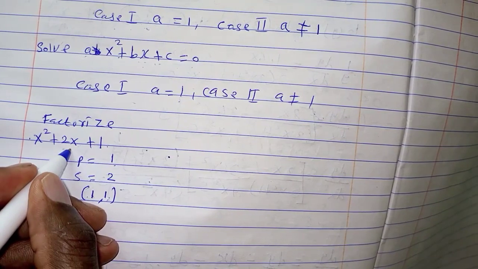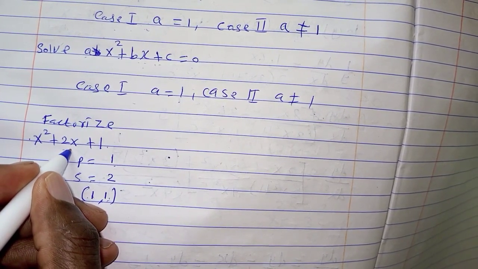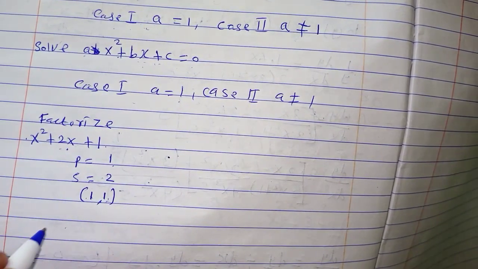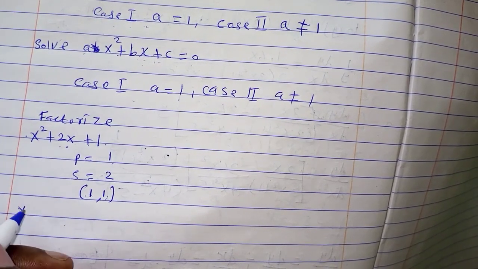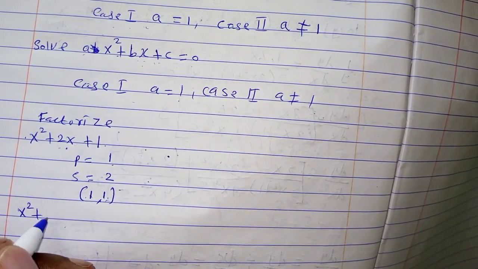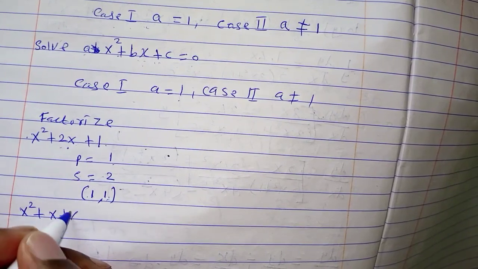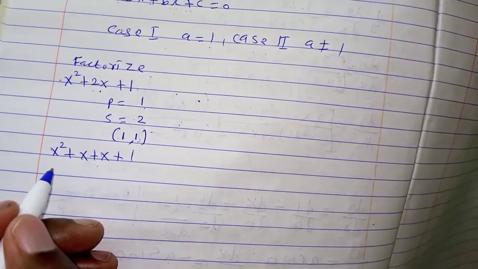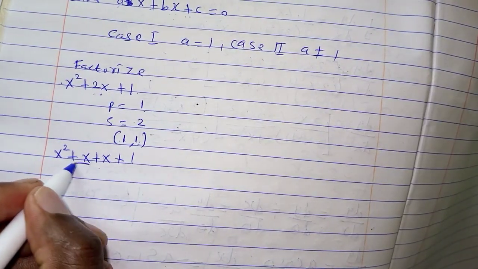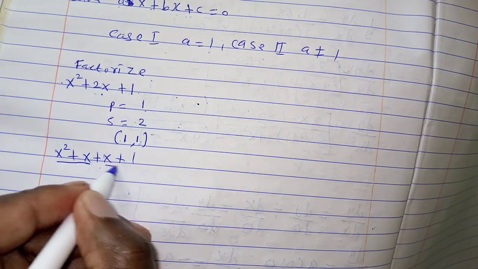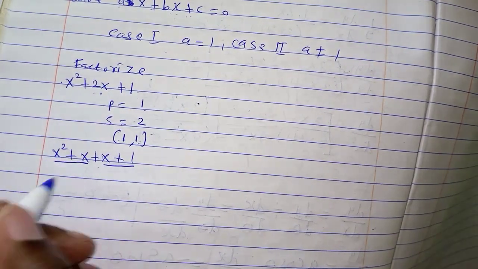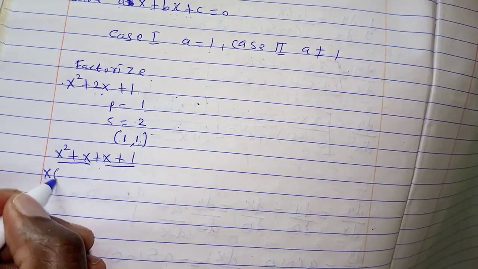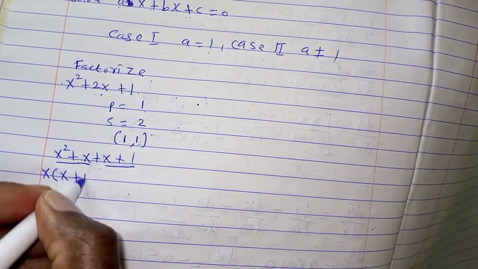So we substitute 2x with 1x and 1x. So we are going to have x squared plus x plus x plus 1. So we pair them, the first two and the last two. Here x is common, so you have x into bracket x plus 1.